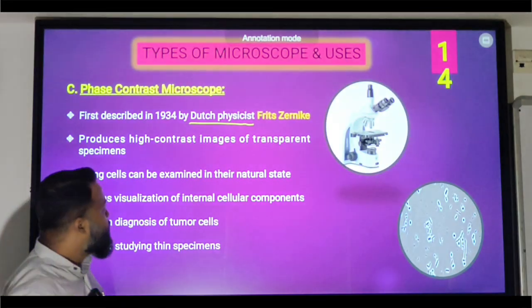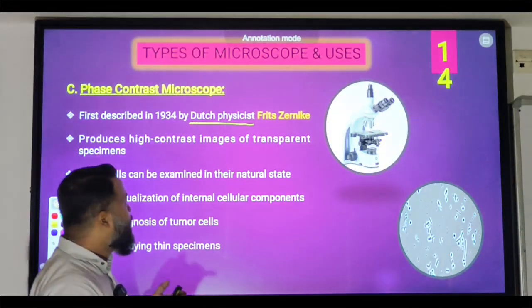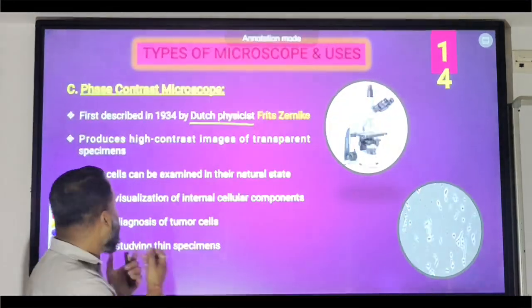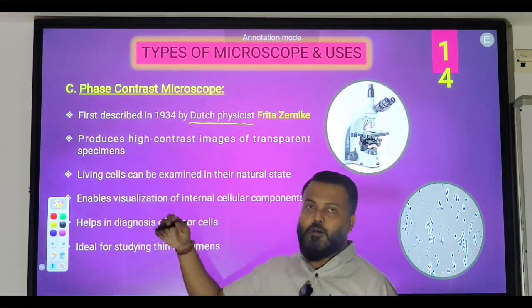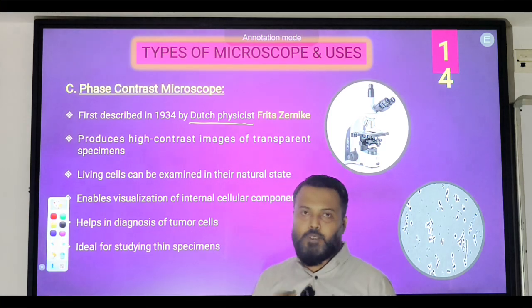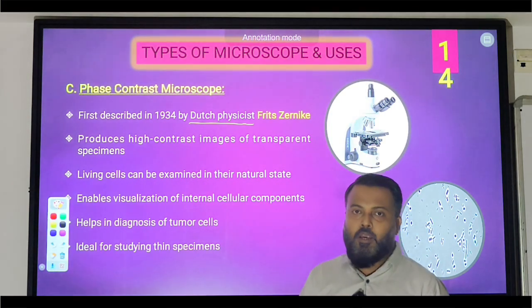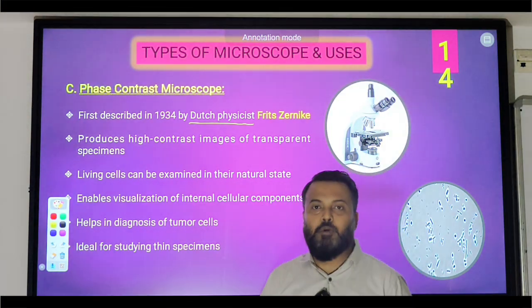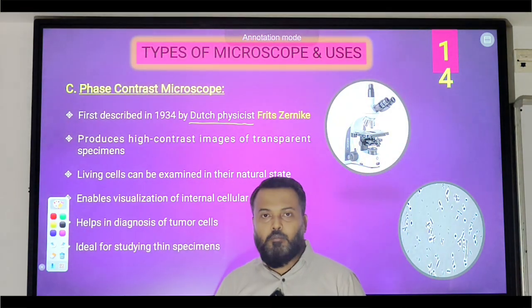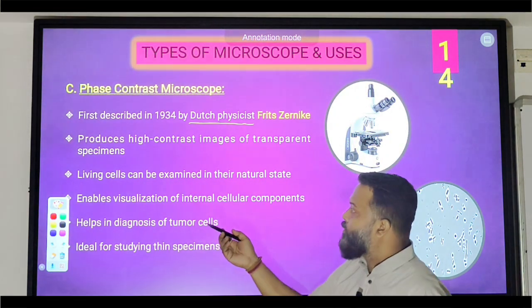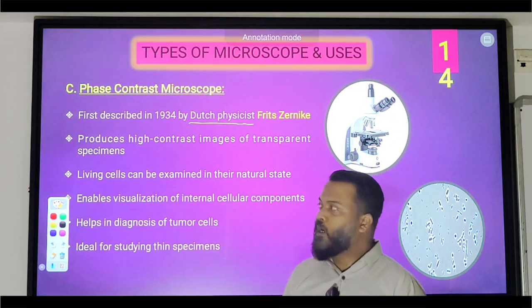It produces high contrast images of transparent specimens or transparent bodies. If you have a specimen which is transparent in nature and you want to see a high contrast image of it, you will have to take it to a phase contrast microscope. It will provide you a high contrast image of it.